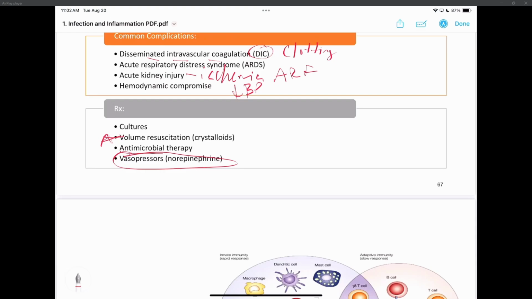And if we constrict them, what happens to the pressure? It's going to increase. And that's what we need, and that's what we want. Increase in pressure. So if your patient is not responding to fluids anymore, you have to give them vasopressors. And those are the drugs, norepinephrine, going to target those alpha 1s, vasoconstriction, to get your pressure back up again.